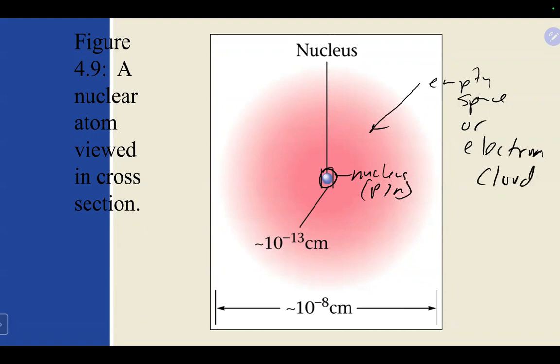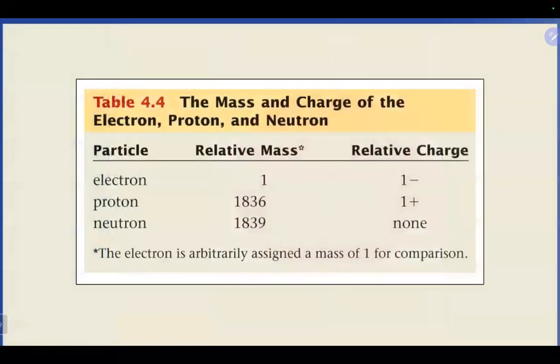That is where the electrons are flying around, in a pretty random pattern about the nucleus. They are going to feel some attraction, obviously, to the positively charged nucleus.